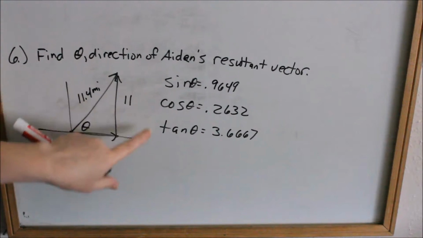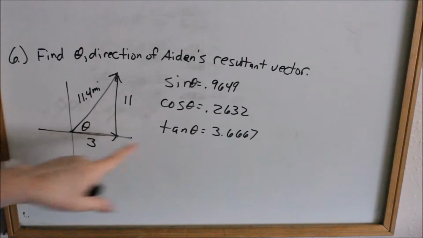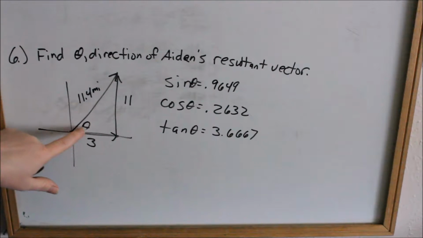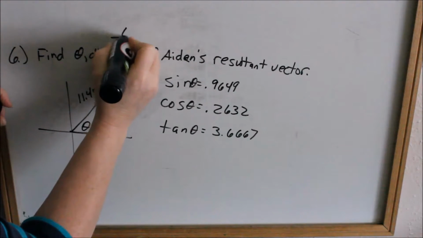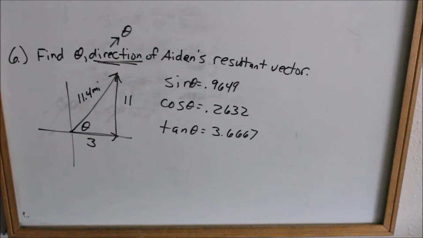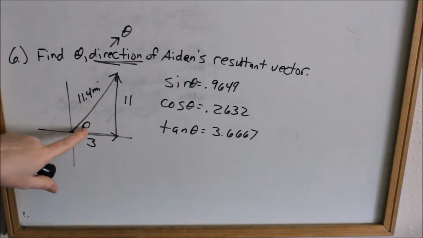You can use any one of these equations to actually solve for theta, because that's what we're trying to find. When you're wanting the direction means you are finding theta. So we already know the magnitude, the length of what this distance walked is 11.4 miles, but we need to know the direction. At what angle did he or she walk?